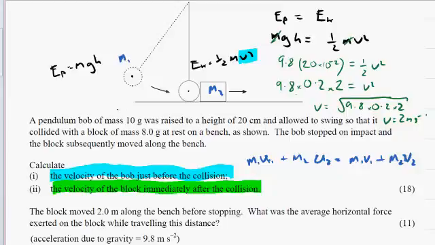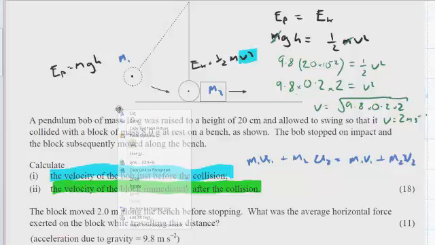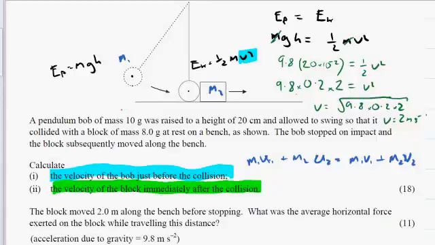Now again, be careful of your units. 10 grams is the same as 0.01 of a kilogram, divide by 1,000, and then 8 grams is 0.008 of a kilogram. Important to use standard units wherever you can.